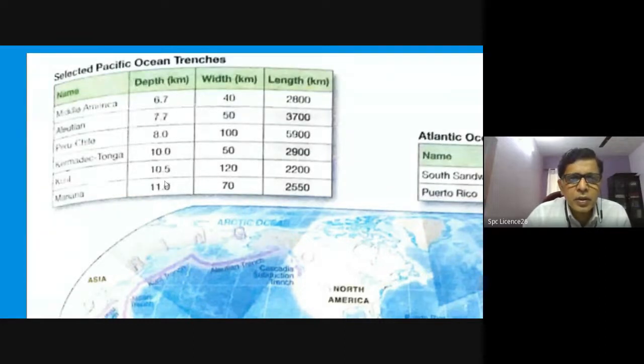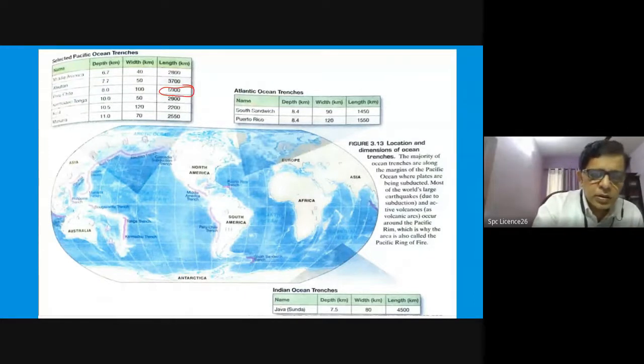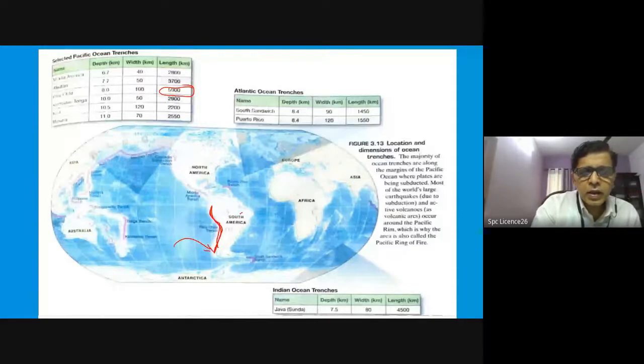Many of them are long, but the longest of them, though not the deepest, is nearly 6,000 kilometers long. This is the Peruvian Chile trench, the location where you have the Peru Chile trench. The Pacific plate is going down here, and the American plate is moving the other way. That is what we have to keep in mind here.